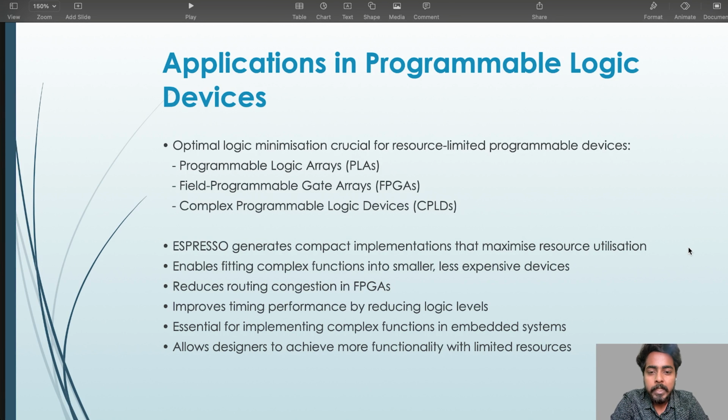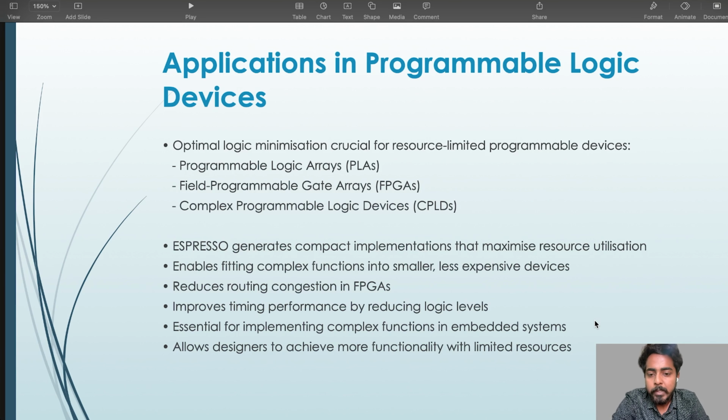designs. Programmable logic devices. Optimal logic minimization is essential for maximizing efficiency, especially in resource limited architectures such as PLA, FPGAs or CPLDs. So the Espresso algorithm plays a key role in this process by generating compact implementations that make the most of available resources. By minimizing logic, it enables complex functions to fit into smaller, more cost-effective devices while also reducing routing congestion in FPGAs.